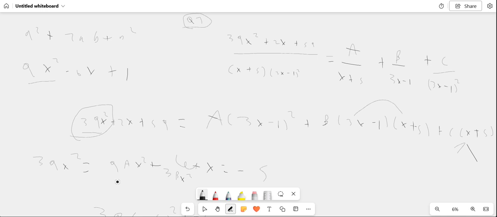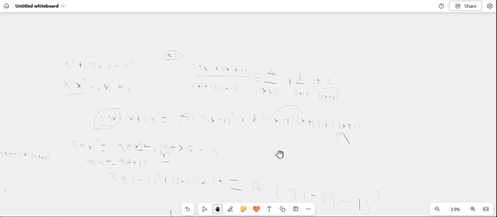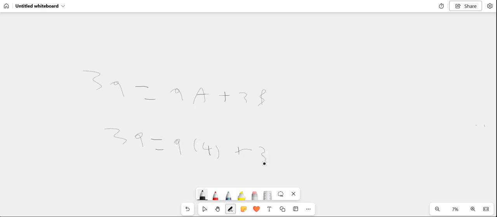Since we're looking at coefficients, we can just say therefore that 39 is equal to 9a plus 3b. So we can get rid of the x squared completely. Gone. And as a result, 39 will be equal to 9 open bracket instead of a, we know that's 4, and 3b. We don't know b, but we can find it now. So 9 times 4, bring that to the other side, then divide by 3, and you'll find b is equal to 1.